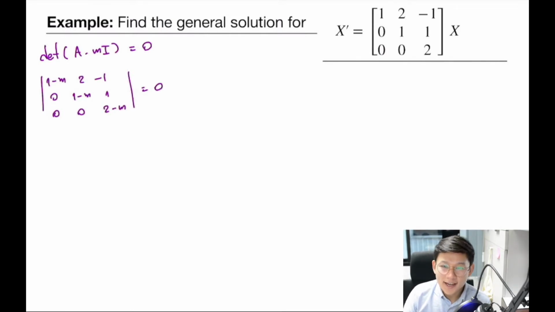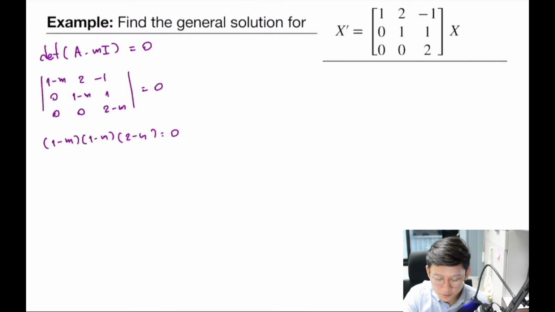And here the determinant is 1 minus m times 1 minus m times 2 minus m equals 0. If all of these are 0, the determinant is just the multiplication of the diagonal line. But if you don't know, it's okay, there's no problem.